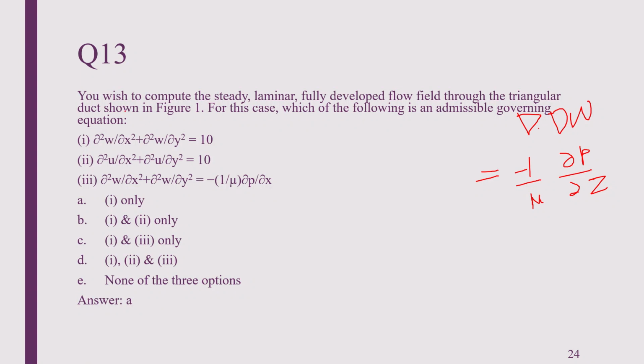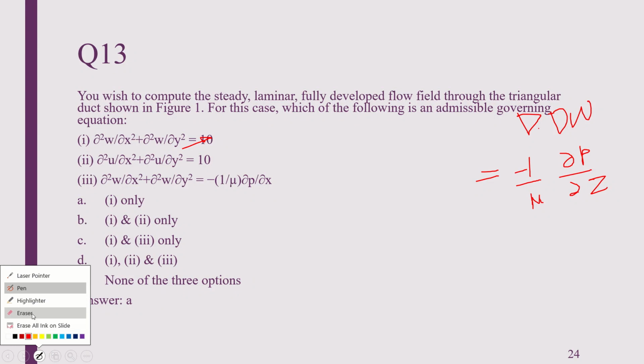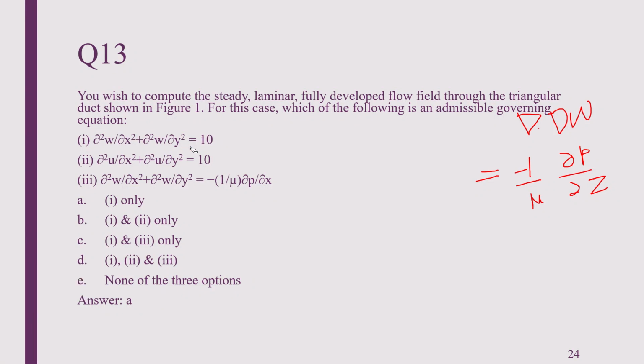So initially it can be seen that option 3 looks similar, but we have to see that it is ∂p/∂x, whereas it should have been ∂p/∂z. So option 3 is wrong.